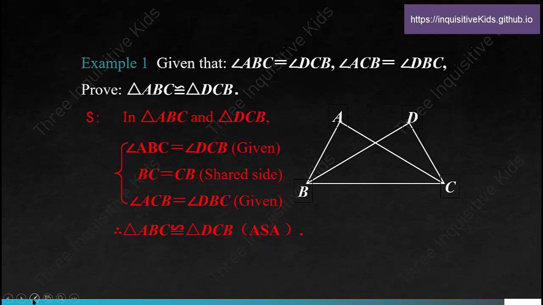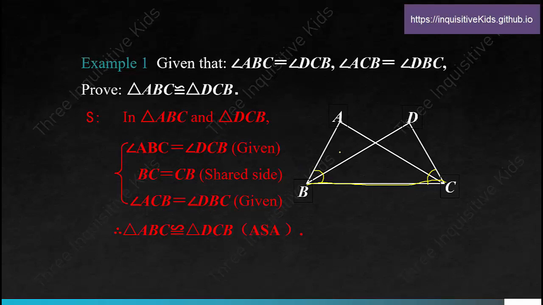So what are our two angles in this problem? The two angles are angle ABC and angle DCB. BC and CB, that's their shared side right here, in this case. So that would be the S. And then angle ACB and angle DBC would be the other angle.